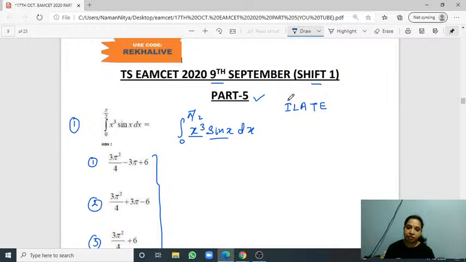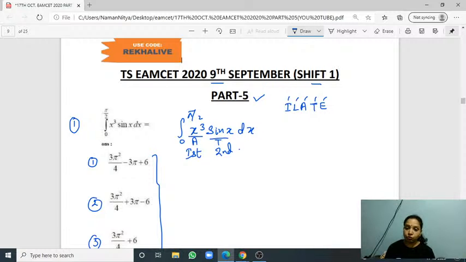I represents inverse function, L represents logarithmic function, A represents algebraic function, T represents trigonometric function, and E represents exponential function. You can check, you have here algebraic and trigonometric function. So whatever letter comes first, that will be your first function, and the other one will be the second function.